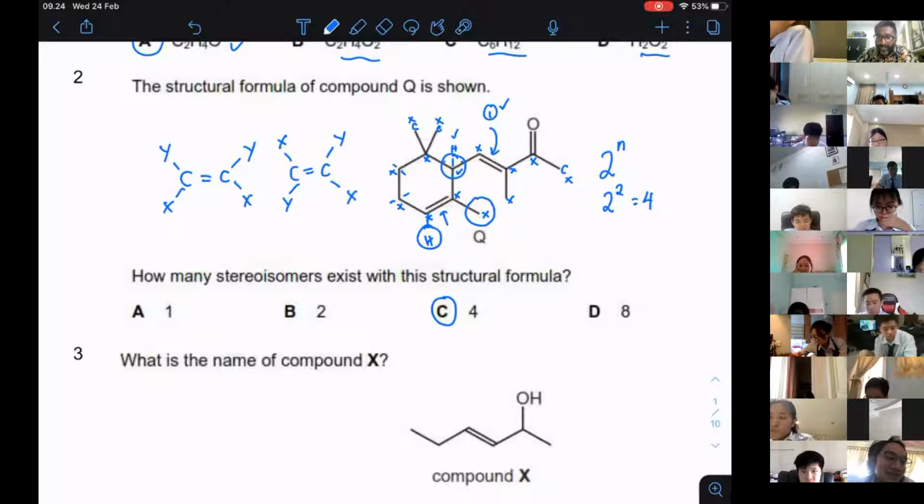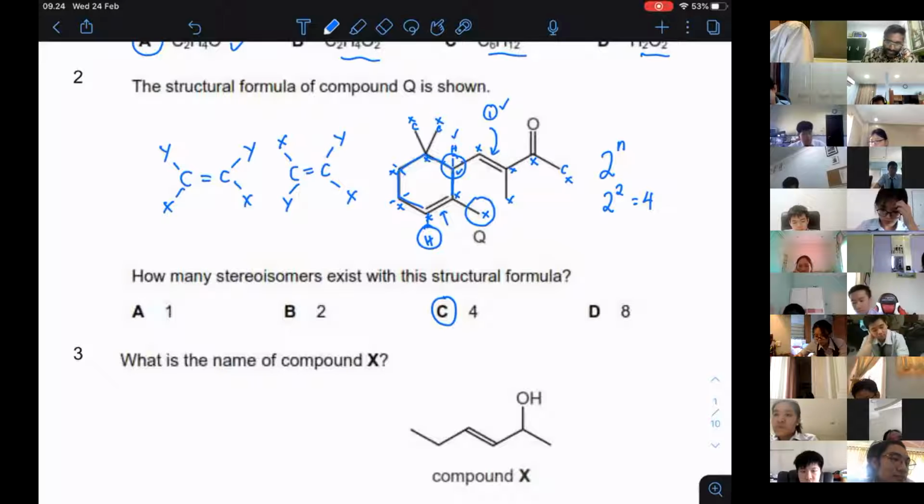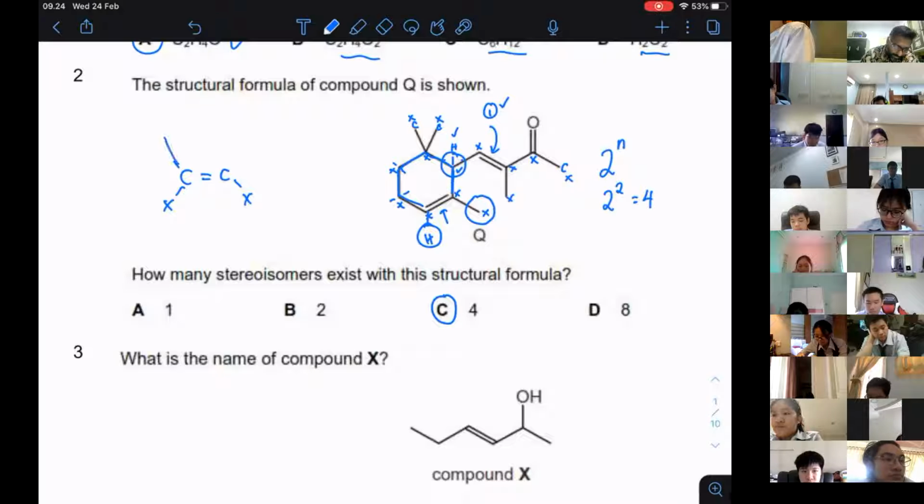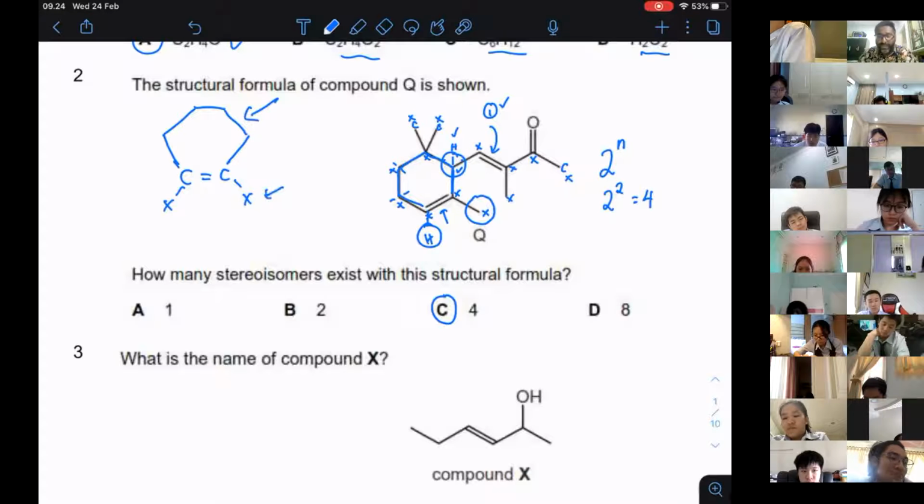But the problem is this group, the one that is attached to here: you can see they are forming a cyclic structure. Instead of joining like that, if I draw, maybe they are going to be joined something like this. So when they are joined like this, is there a way to take out this group and put it alone in this position and get a trans configuration?